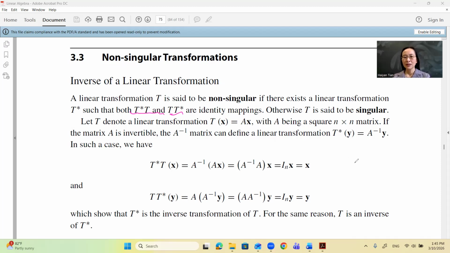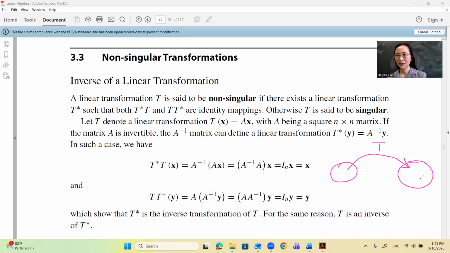In other words, T is non-singular if T has an inverse, because we notice this transformation is essentially defined by the inverse matrix of T. So let's look at a mapping T. Suppose T maps from its domain to codomain.